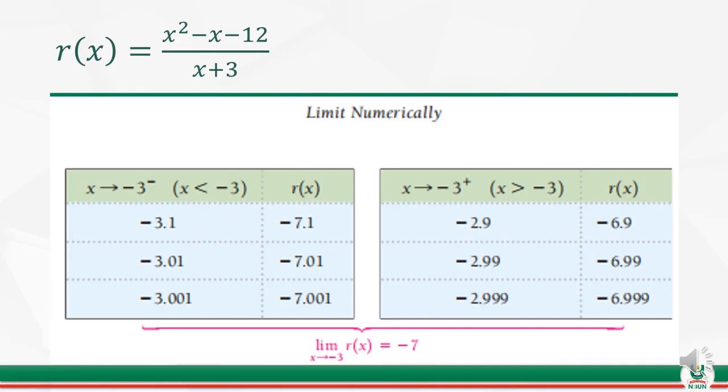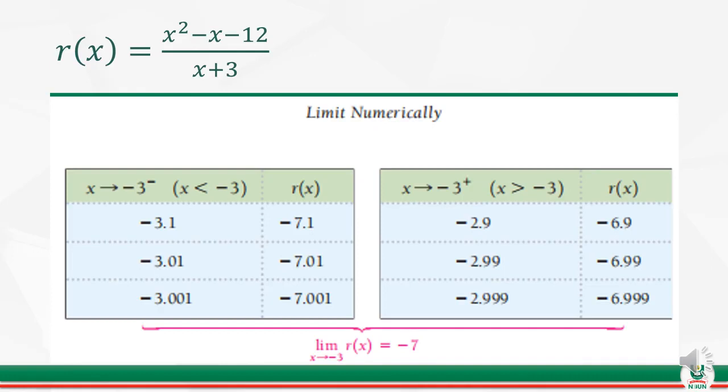Then, if you study it from the left, the limit is getting to minus 3. When it's minus 3.1, it is much lower than minus 3.01. As it's getting to minus 3.1, r of s is also getting to 7.1.